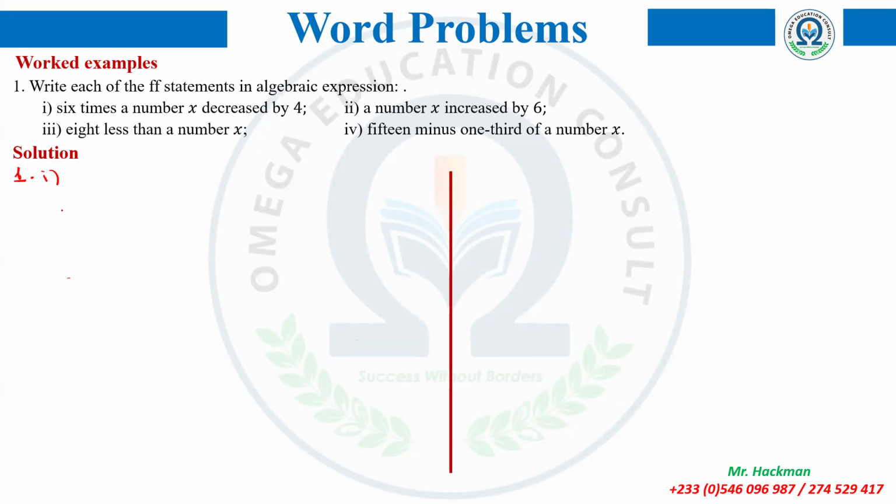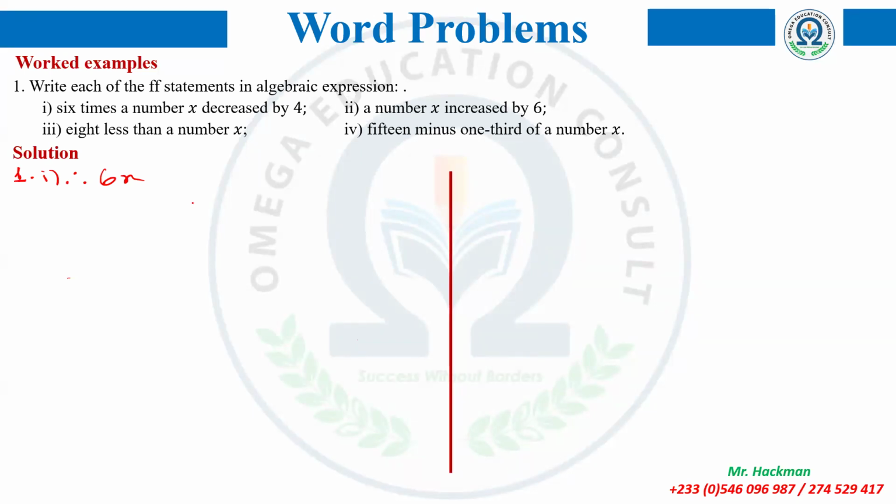We are going to write the answer straight away. Because my variable has been defined, I don't represent any unknown by a variable, so I can draw my conclusion straight away. Let's break it down. 6 times a number x, so that means 6 times x, so 6x. Is my point well made?